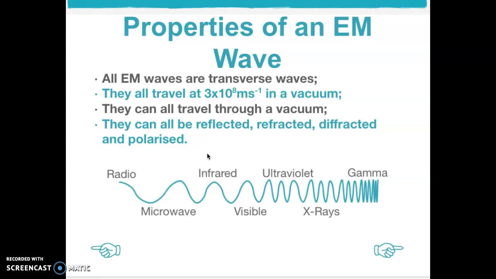Therefore, we wouldn't see anything coming from the sun. Light would not be able to travel in a vacuum, because light is an electromagnetic wave. Because light is an oscillating field, which is not a particle, we can actually receive the sun's energy. So that's another thing they have in common: they travel through a vacuum.